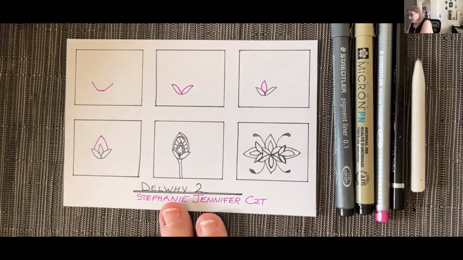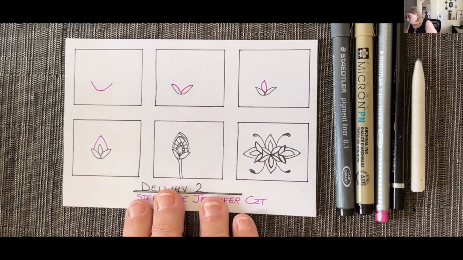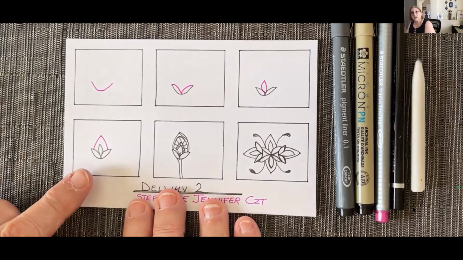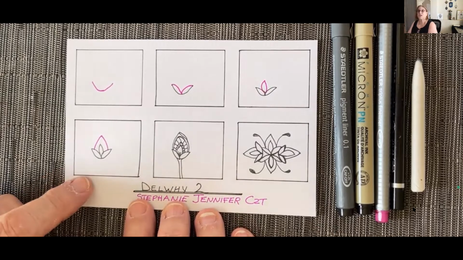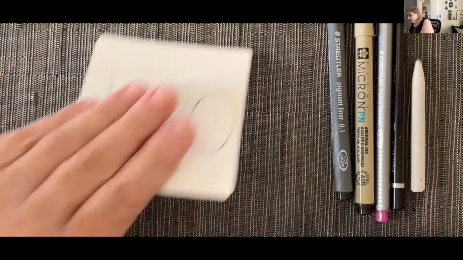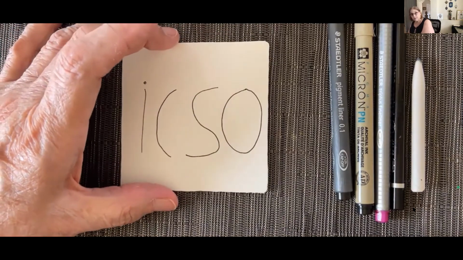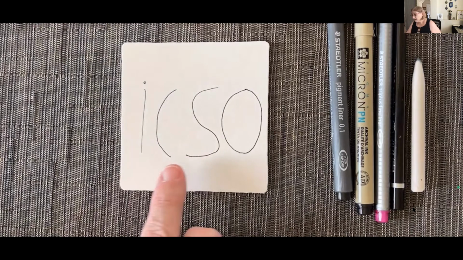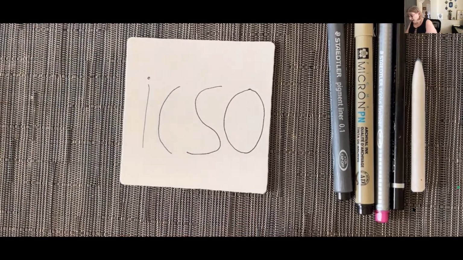And so they devised a system with no more than 6 elemental lines, one line at a time, to create the pattern, and then you just repeat the pattern. So they say that if you can write ICSO, you can learn to draw these patterns.